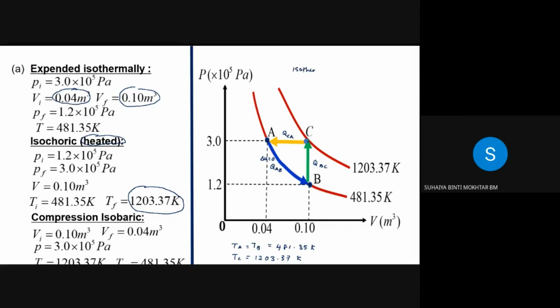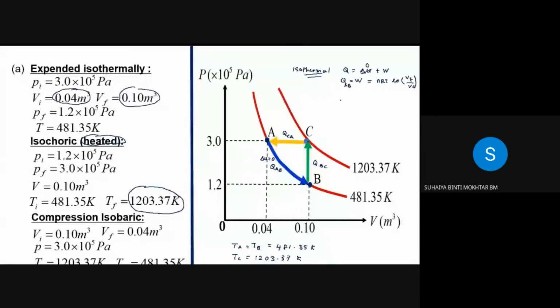Isothermal, Q equals to delta U plus W, right? So delta U itu 0 isothermal. That means that Q kita equals to work done. Case isothermal, equation work done equals to nRT ln, right? We have P, we have V. So boleh guna mana-mana lah. Ini V final per V initial, or P initial per P final. So you can determine process isothermal QAB here.